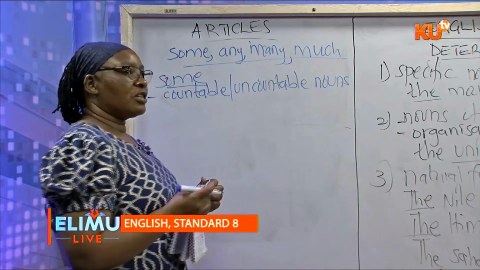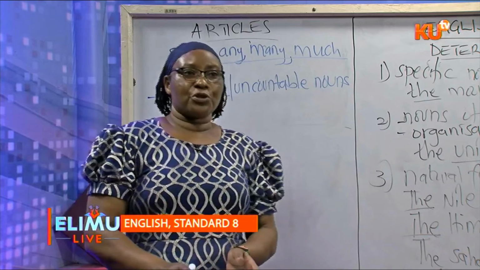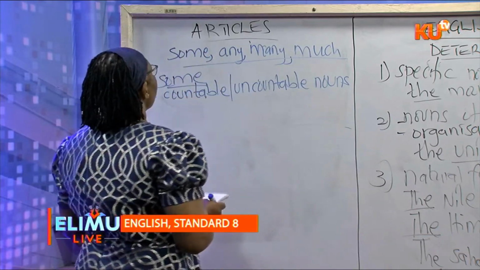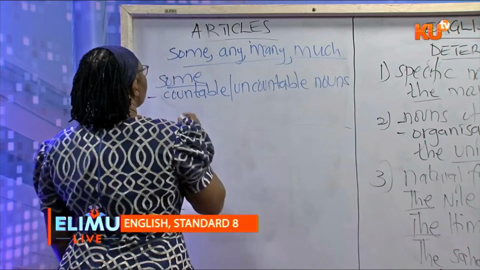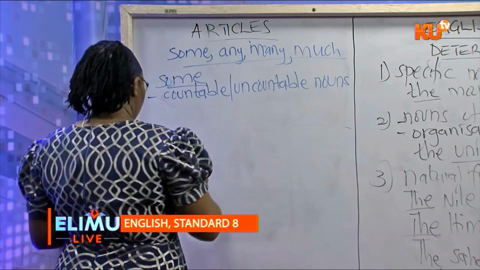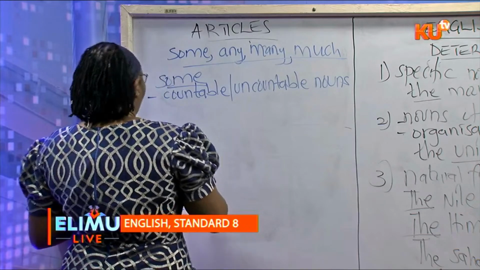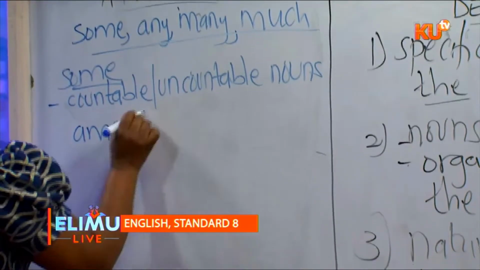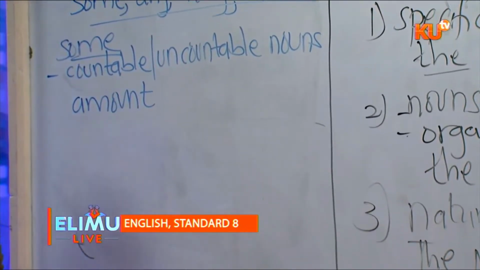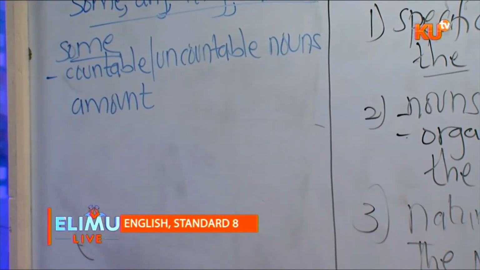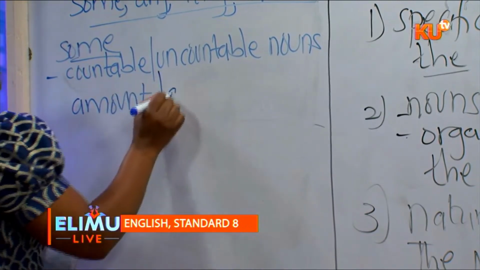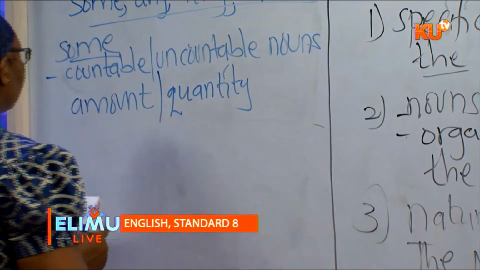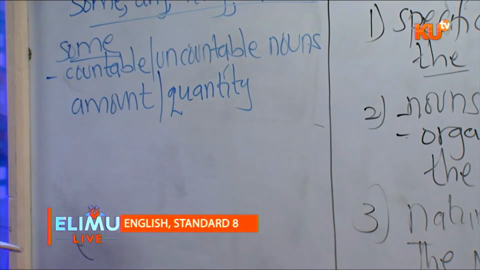You can count, you can say I have 2 stones, I have 3 stones. So in that case we are using it with countable nouns. With countable nouns, it shows the amount or quantity of the noun.